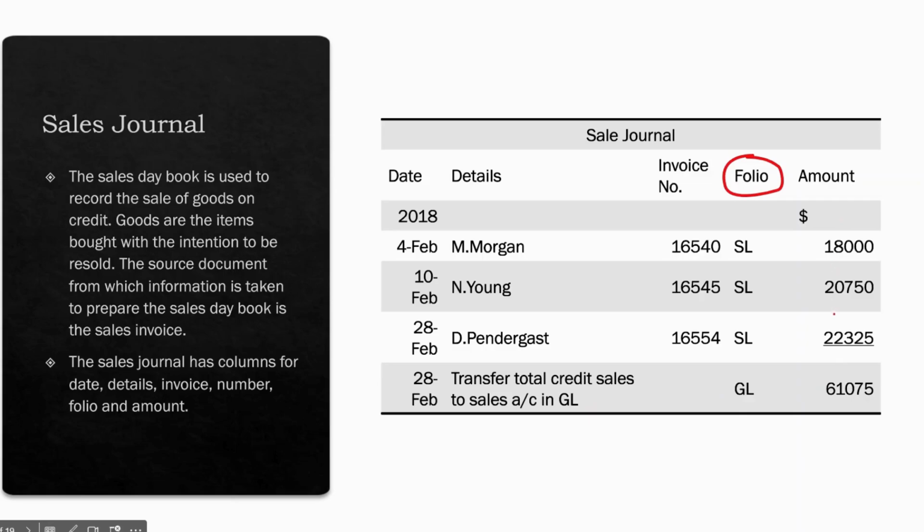And the total would be $18,000 plus $20,750 plus $22,325, which will give you $61,075.